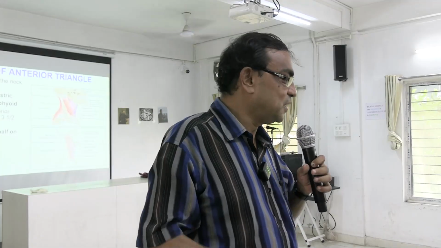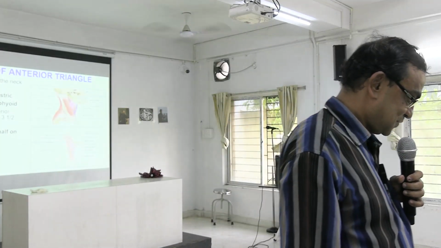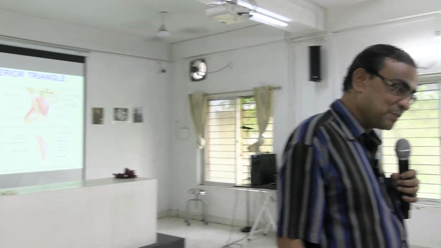Below the skin, what can we get? Superficial fascia, we can get some veins also. In the midline, we can get one vein, the anterior jugular vein.